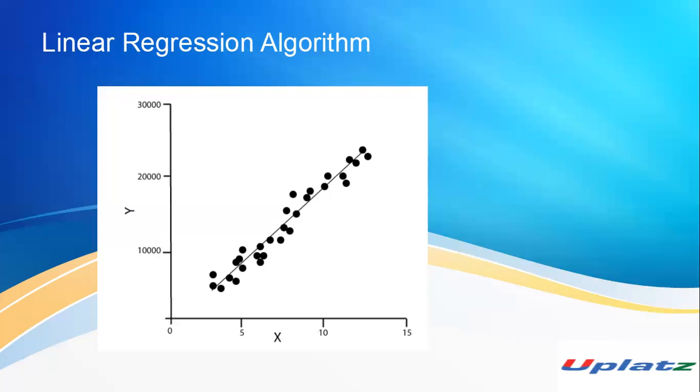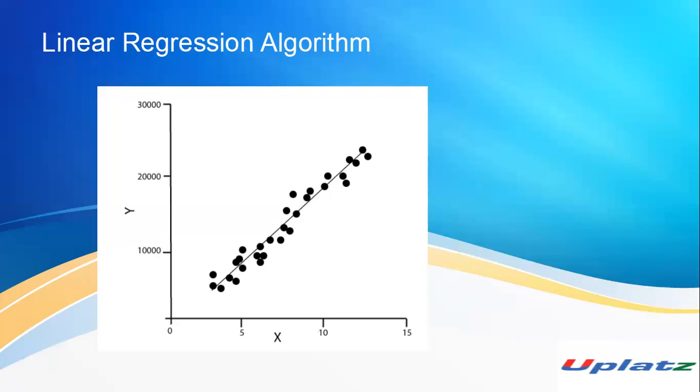In linear regression, when the input increases, the output also increases. Sometimes when the input increases, the output may reduce, but the relationship will be linear. If both are increasing, it's a positive linear relationship.